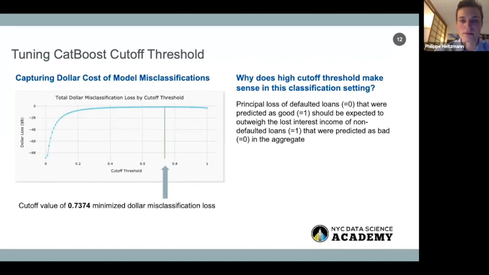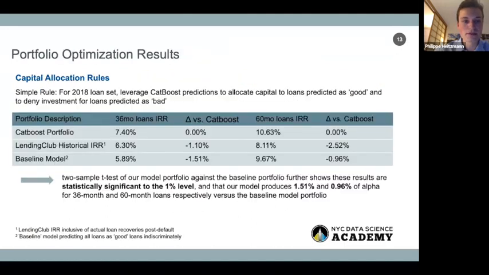So going to some of our final results and portfolio construction and optimization, I was really interested in seeing how we could leverage these predictions on the 2018 loan set to try to allocate capital and see what sort of IRR values we could yield based on this constructed portfolio.